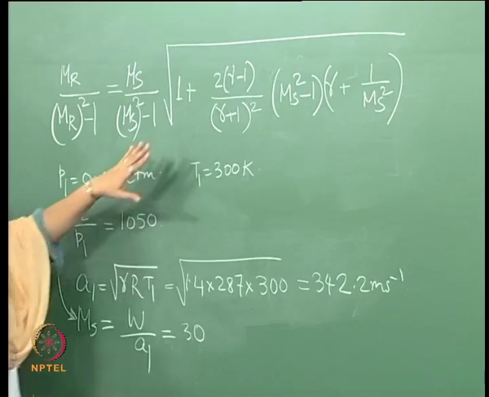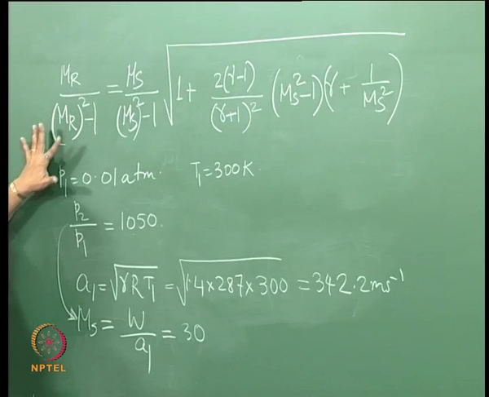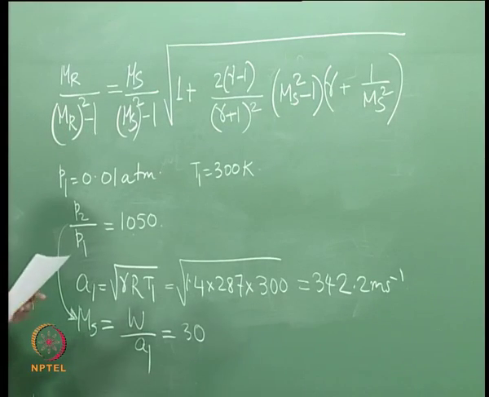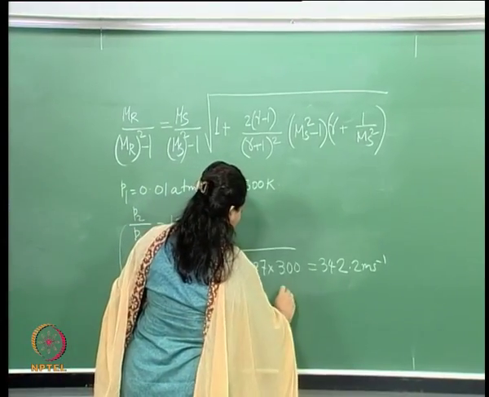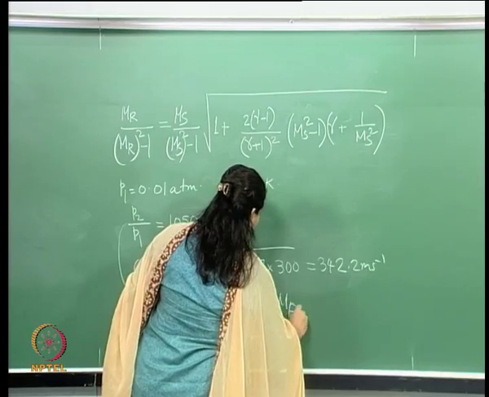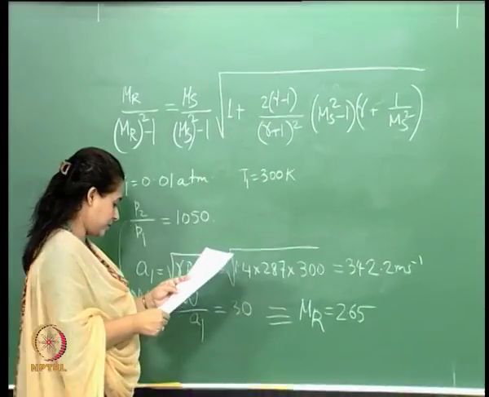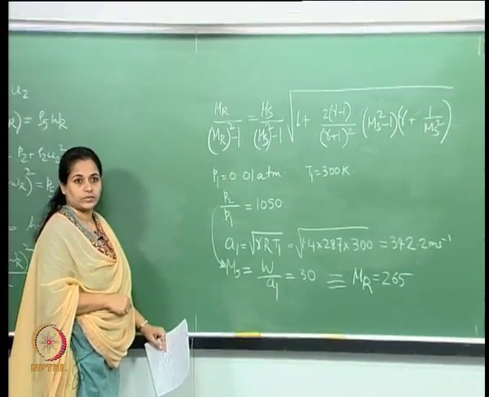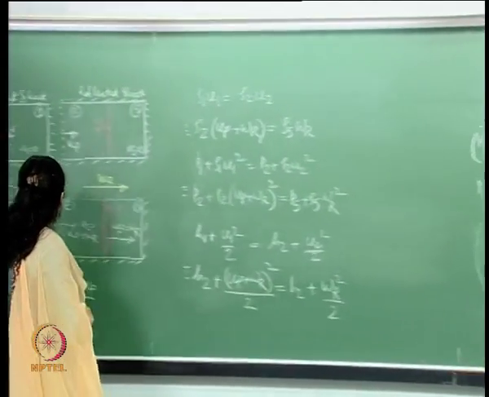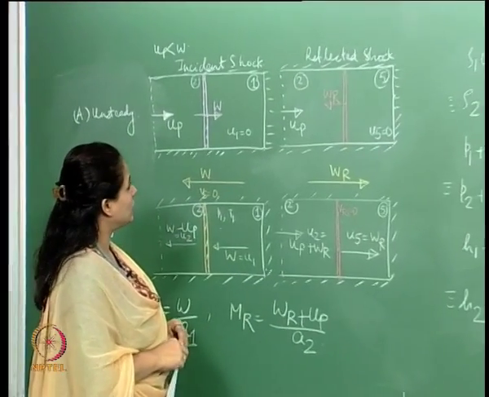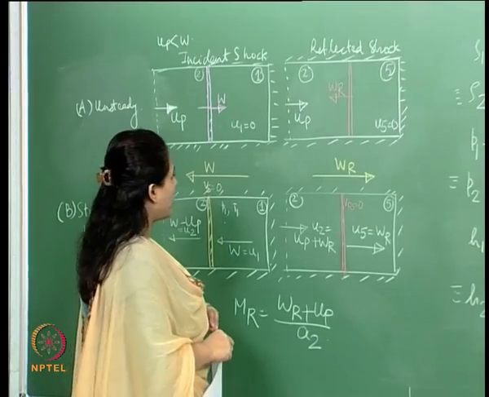We put this value in there with a gamma of 1.4, then we will be able to get a value for MR. So without going into the details of that calculation, the reflected shock Mach number I get as 2.65.